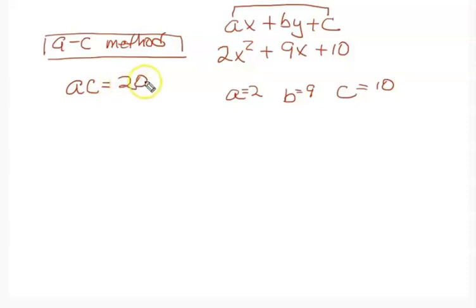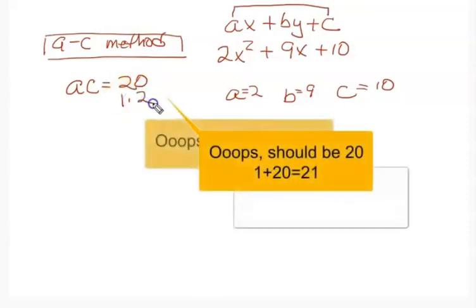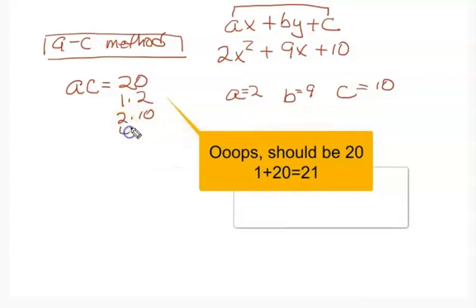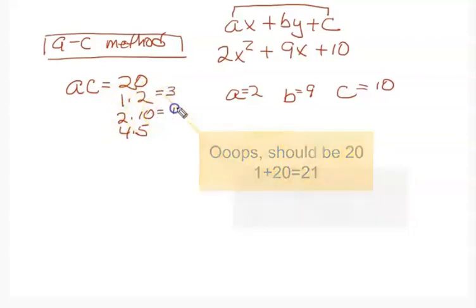Okay. Now, if your AC, the product of that is 20, this came about by multiplying 2 factors together. So we then mentally think of what are the factors of 20? Well, there's 1 times 20. There's 2 times 10. And there's 4 times 5. Now, if we added these factors together, this would be a 3. This would be a 12.